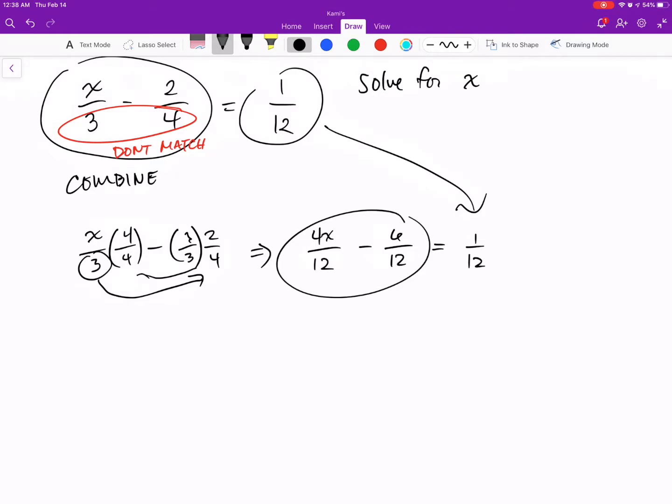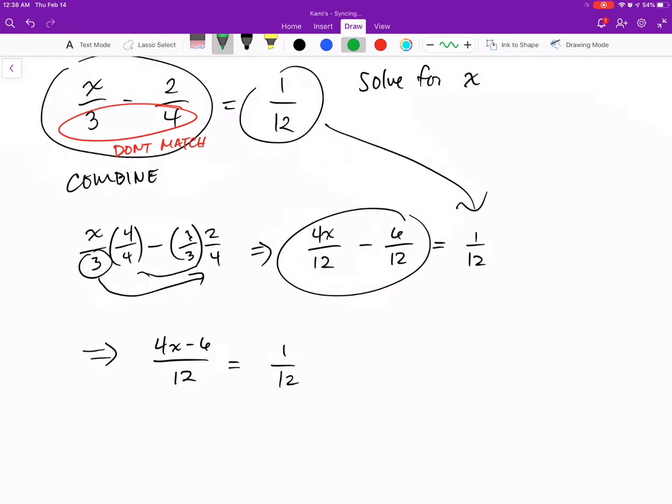Remember, we can combine this fraction now, and we'll get 4x minus 6 over 12 is equal to 1 over 12. Since the denominators are the same, we can just get rid of them. So we're going to scratch them out.